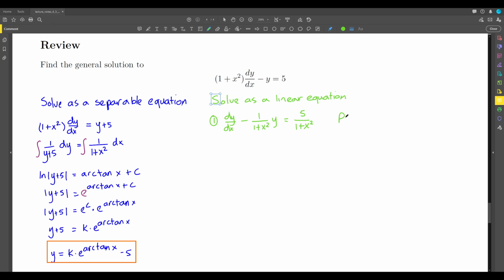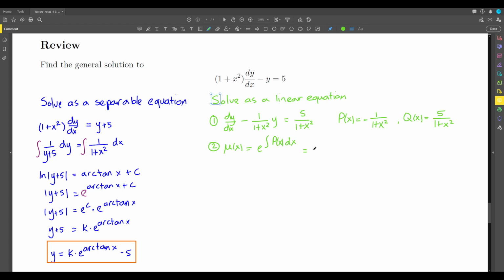So that means that p(x) is negative 1/(1 + x²). And our q(x) is 5/(1 + x²). Second step, we want to find the integrating factor, so that's e to the antiderivative of p(x).